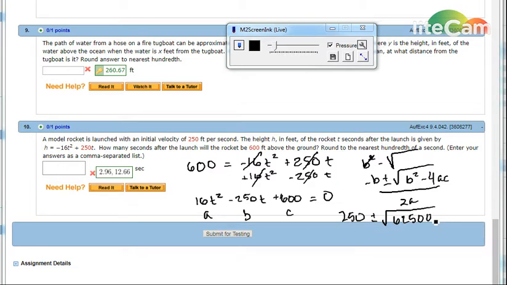Minus 4 times a, which is 16, times c, which is 600. Okay, so for some reason I've decided to do this problem without a calculator, and unfortunately, pulling the calculator up now, I think I'm going to lose the work. And this is all going to be divided by 2 times 16, which is 32.